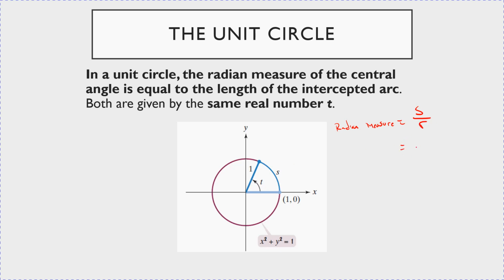So I'll rewrite that: it was length of intercepted arc divided by the radius. But in a unit circle, the radius is just 1, so it's just equal to that length of the intercepted arc.